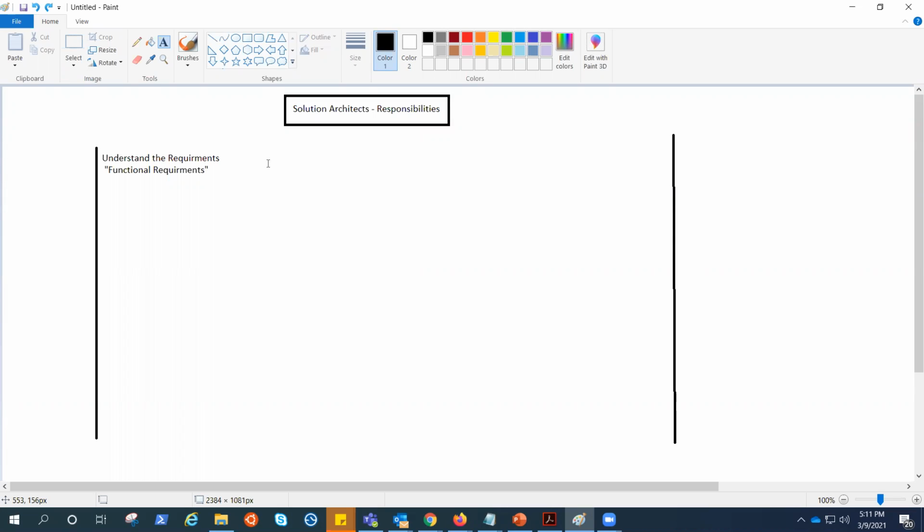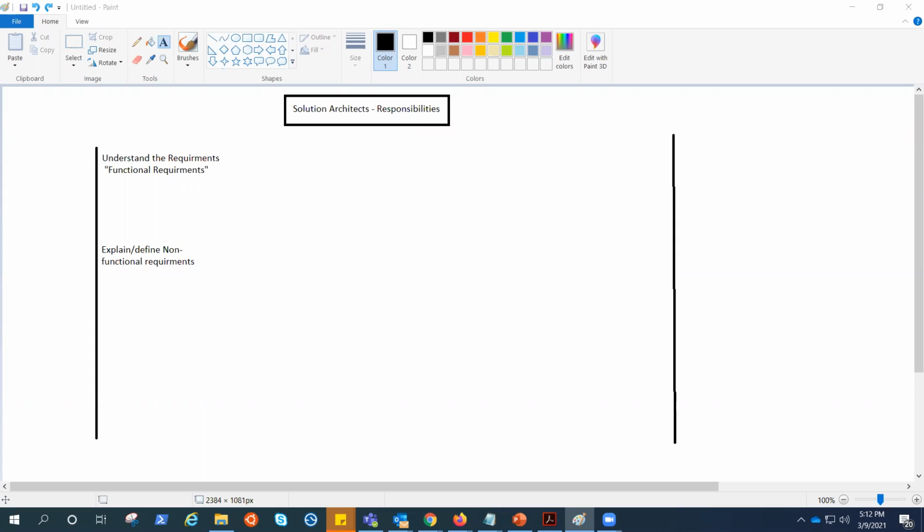Then we have the second requirement, which is non-functional requirement. Okay, which is very important as a part of solution architect, because this is something that your customer and user is not aware of, because they are not tech friendly people, they are more like business people. So non-functional requirements may not be visible to users and customers directly, but their absence may impact the overall user experience in a negative way and hamper the business.